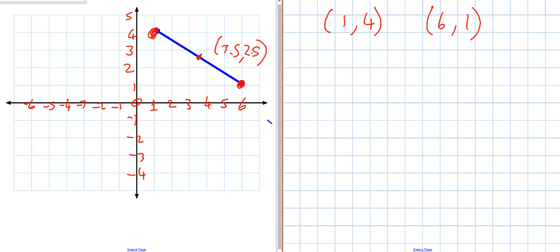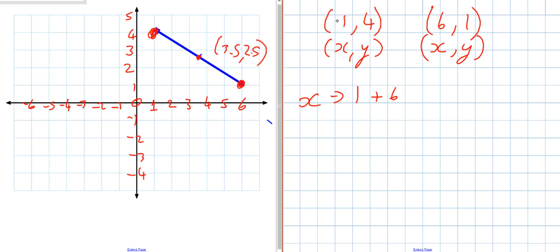To find the average of my x values, so the coordinate is made up of an x value and a y value. I'd add my x values together, which are 1 plus 6.